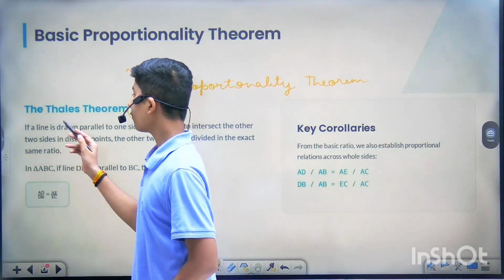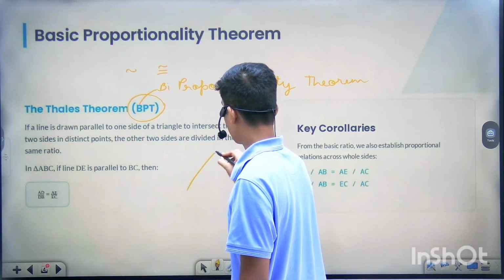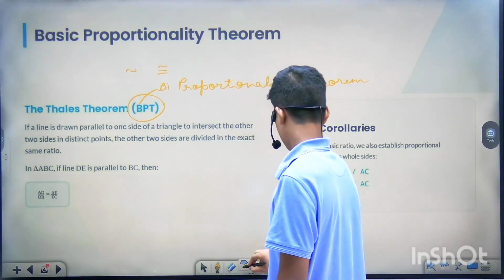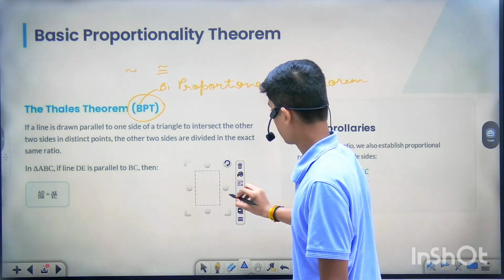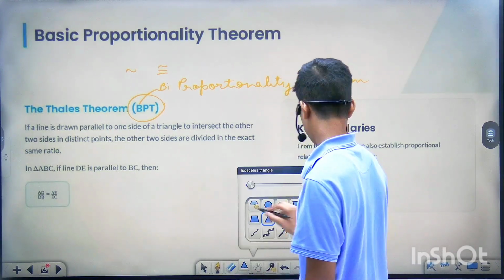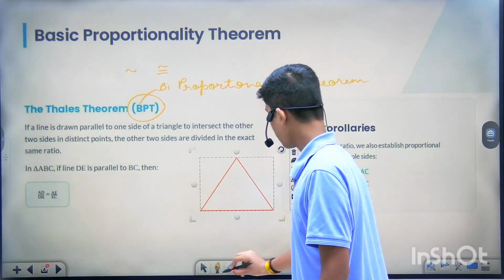It means that if a line is drawn parallel to one side of a triangle, means see, this is our triangle.